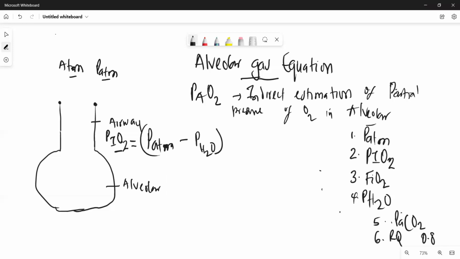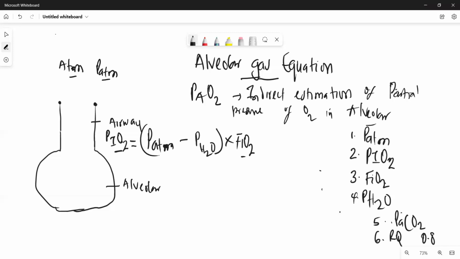And out of all this gas, we have to multiply by our FiO2. The FiO2 is the fraction of the inspired oxygen, because it's not the whole gas that is oxygen, just 21% of it is oxygen. So we have to multiply by our FiO2.